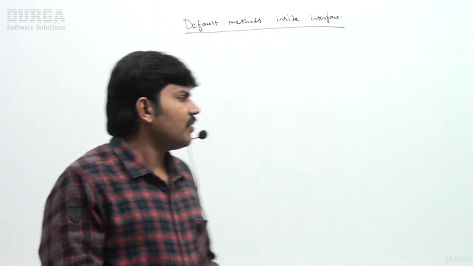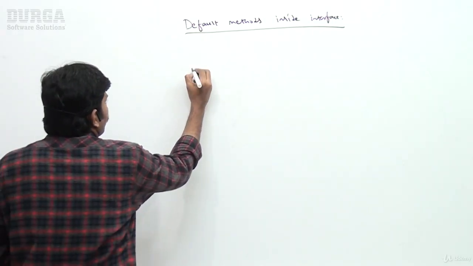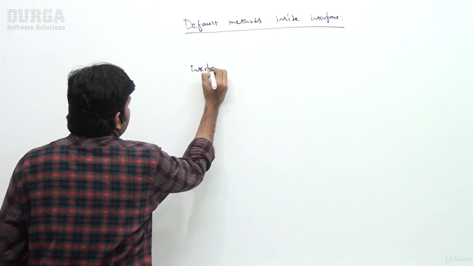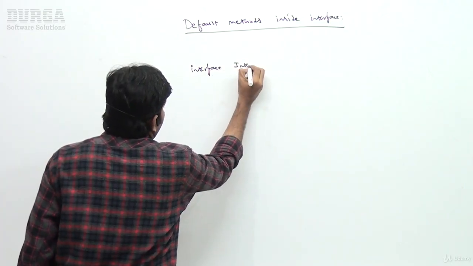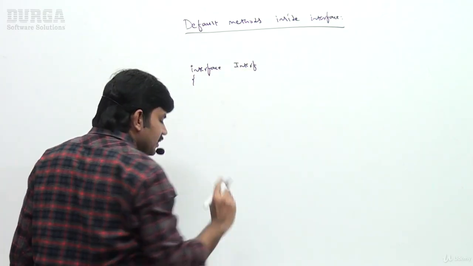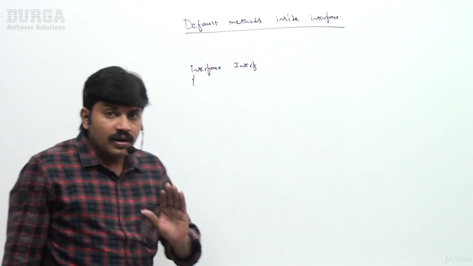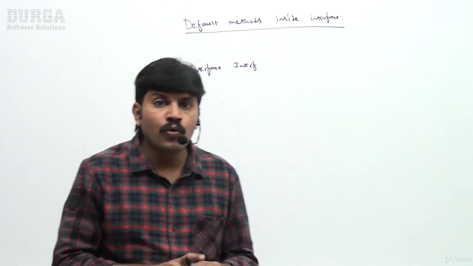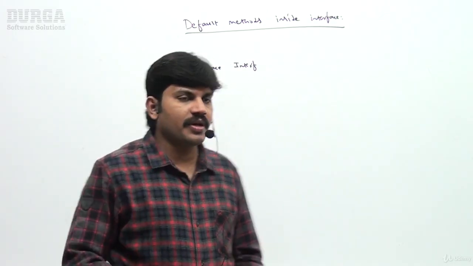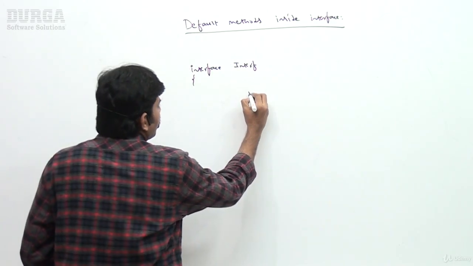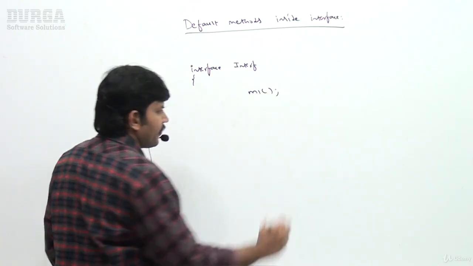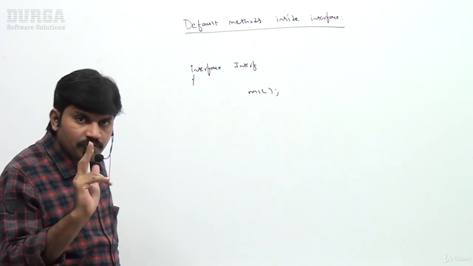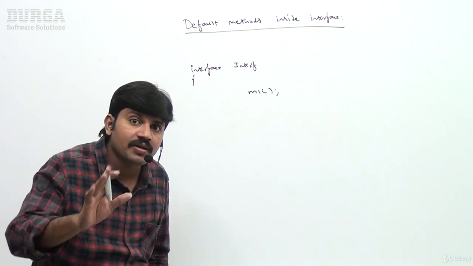Until 1.7 version, inside an interface we can take only abstract methods. Have you observed? Every method present inside an interface is always public and abstract, whether we are declaring it or not.